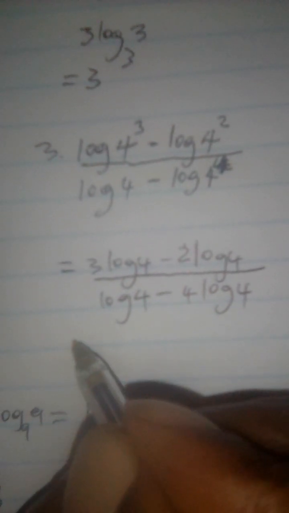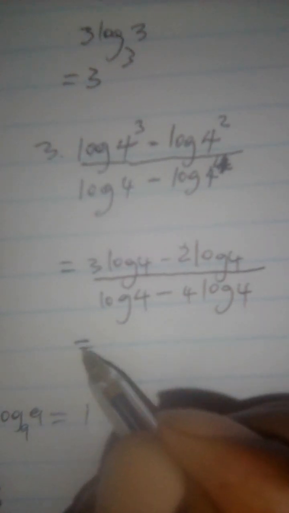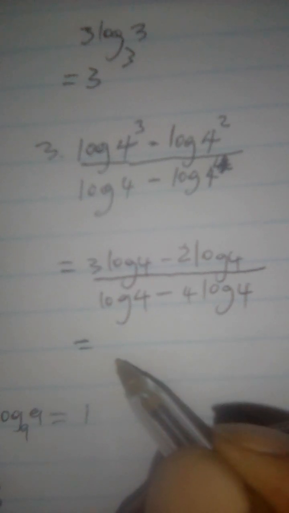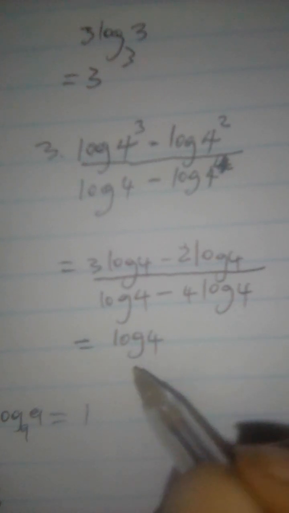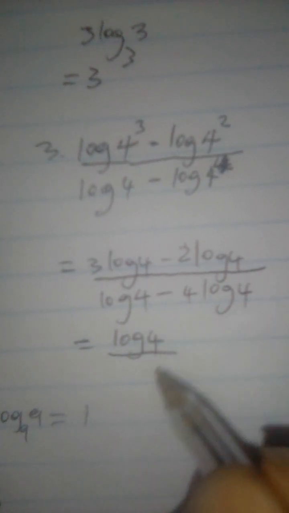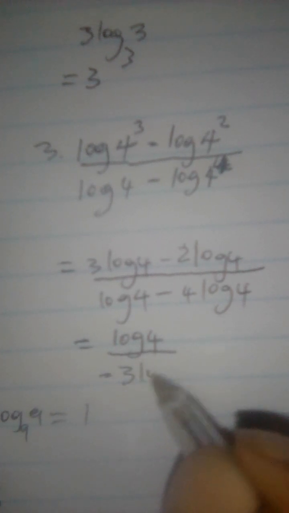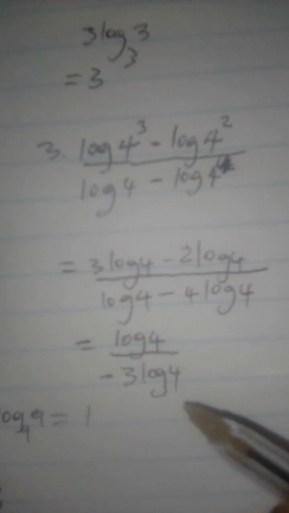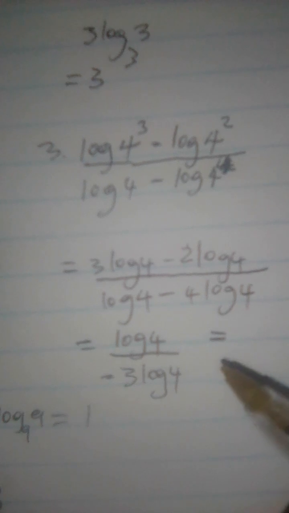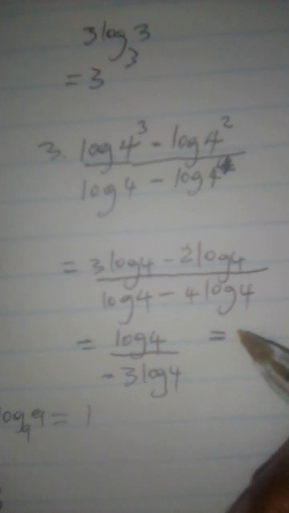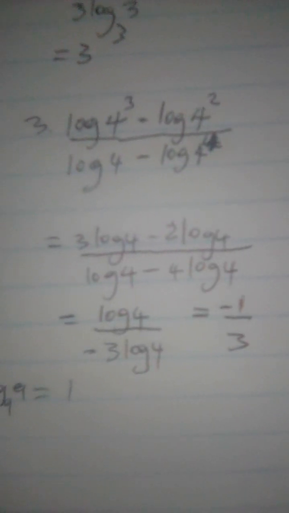So at the numerator, I'm gonna have 3 log 4 minus 2 log 4, which is just log 4. And in the denominator, I'm gonna have log 4 minus 4 log 4, which is negative 3 log 4. Simplifying this further, for a key moment, we have negative 1 over 3. So that's my solution.